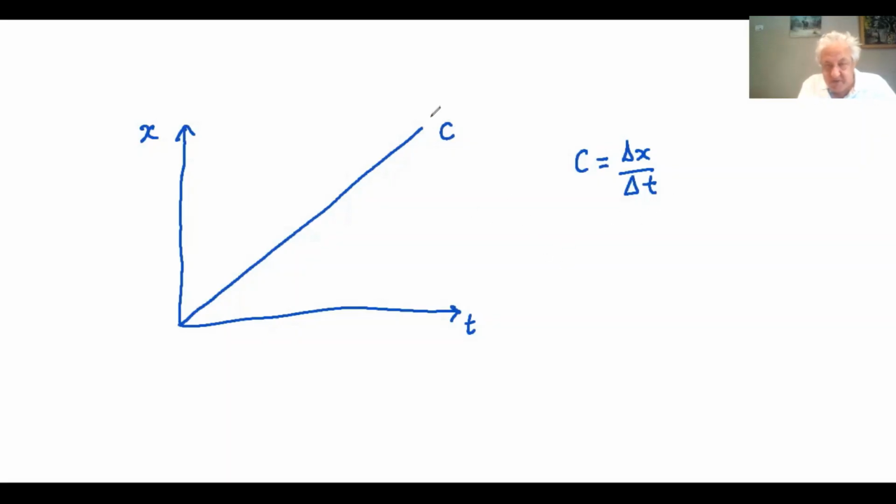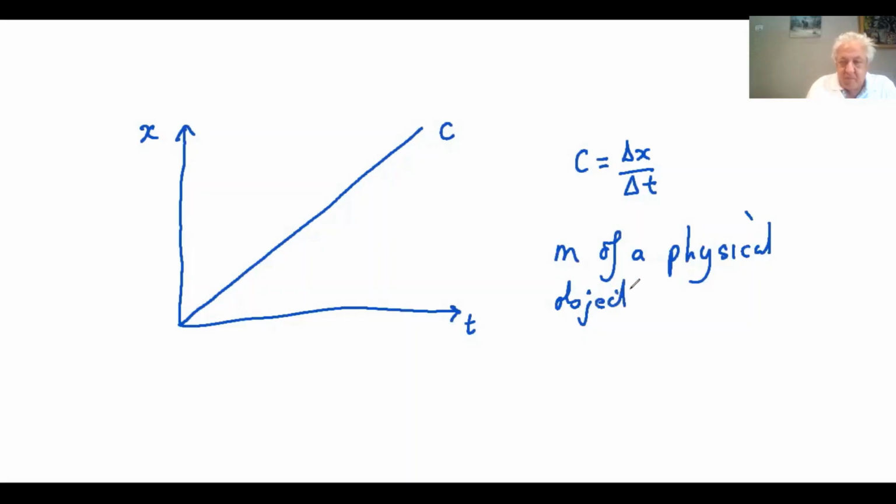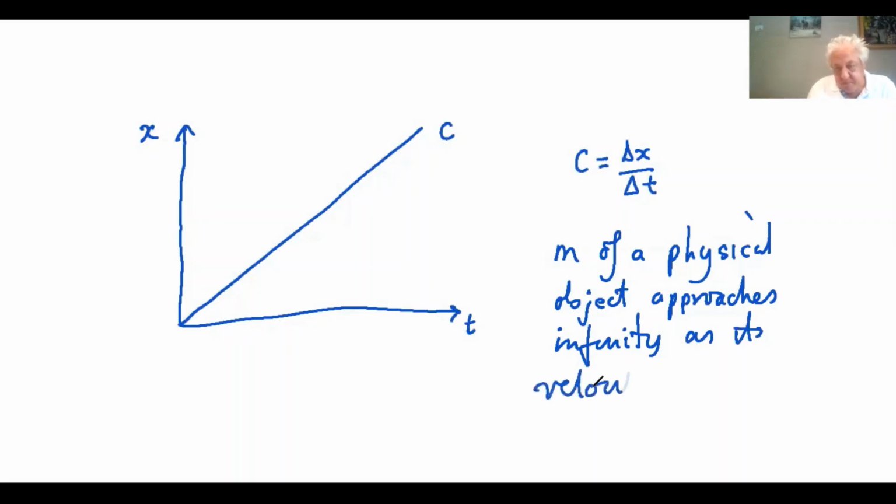Physical objects can't actually move at the velocity of light. And the reason is, in Einstein's special theory of relativity, which you may not have done yet, the mass of a physical object approaches infinity as its velocity approaches the speed of light.